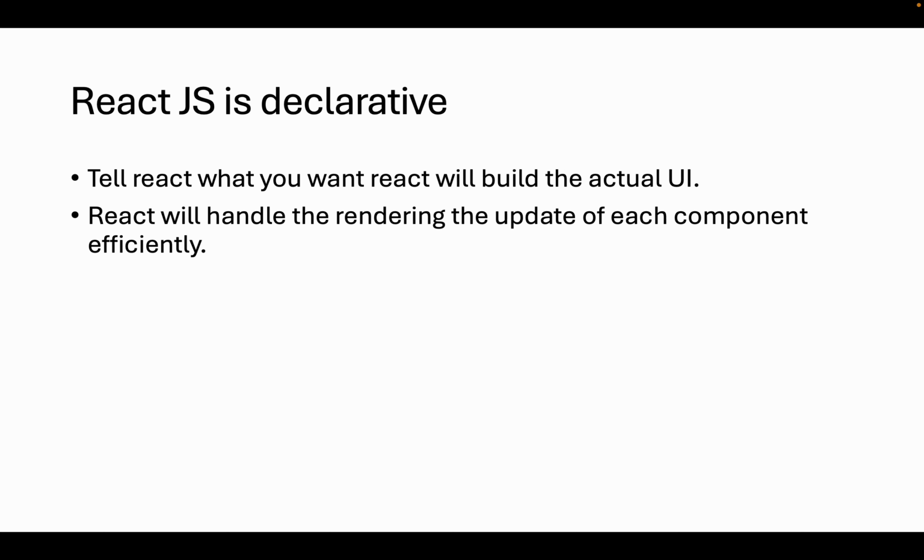Whenever any update happens in the application, the web page, or any component, React will render those areas or components very efficiently. That's the main important part. On top of all other libraries, we select React for the front end because it efficiently handles the updates for your DOM or your components.